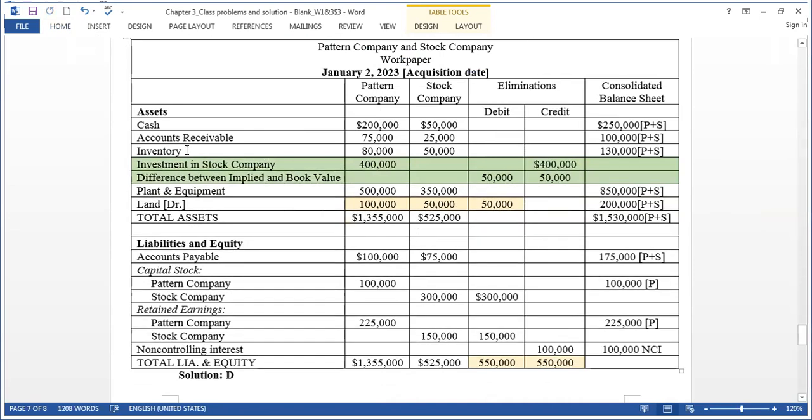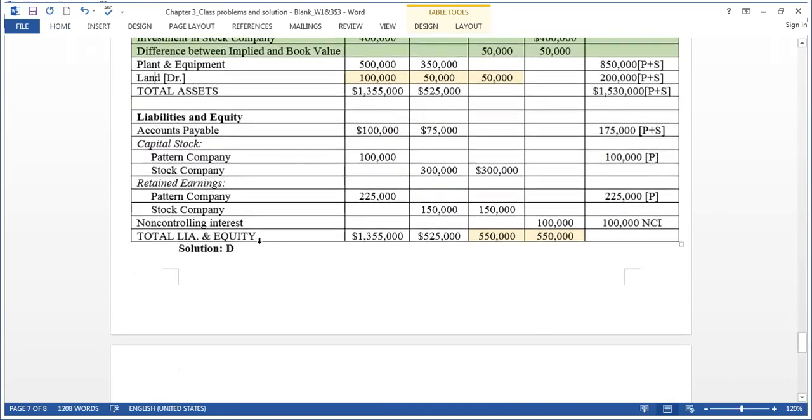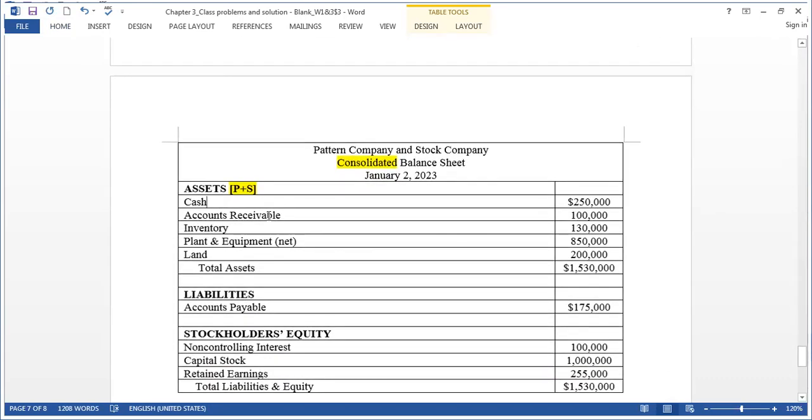From this asset, we close investment in subsidiary, we close the difference. Then we have only cash, accounts receivable, inventory, plant and equipment, land, and total asset. You can see it here. Clear?